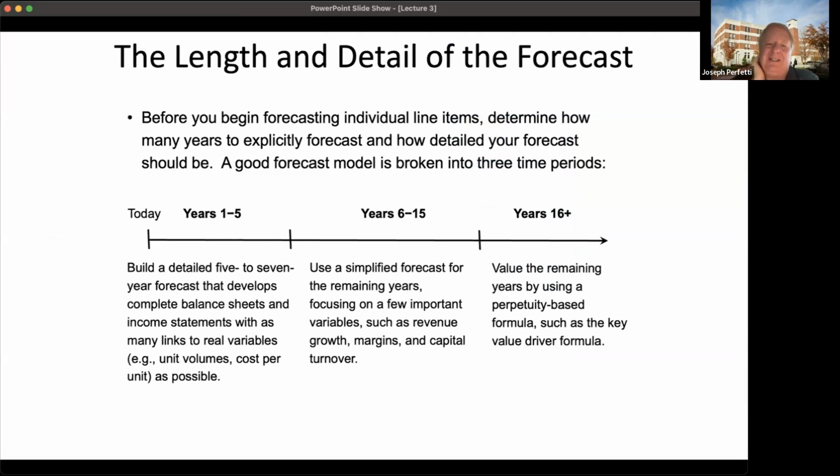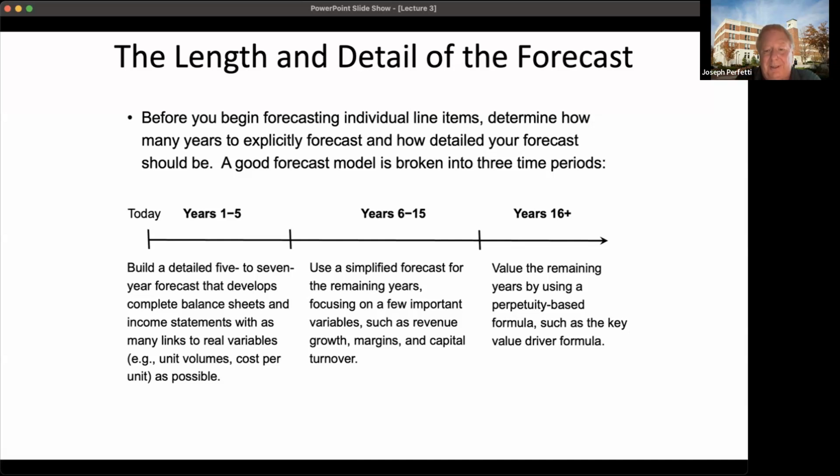Again, the typical length of a forecast is 5 years before you go into continuing value in most models, but it doesn't have to be. The actual answer for how many years you should forecast before you go to continuing value is, here's a rule of thumb.